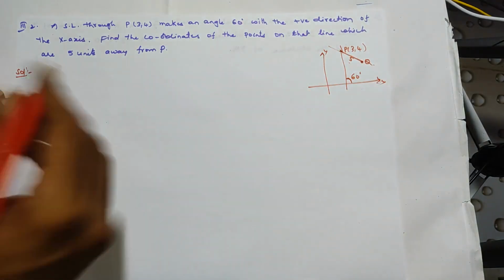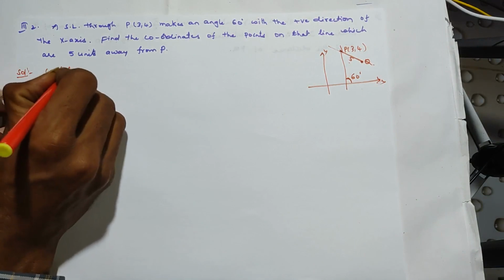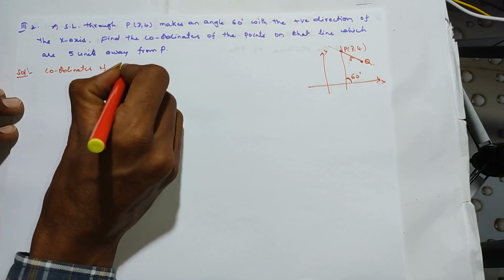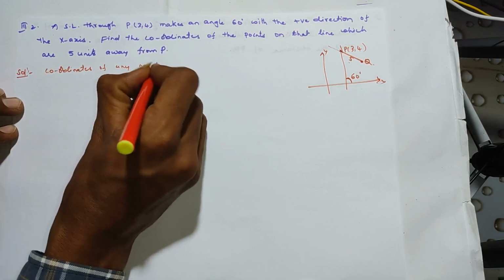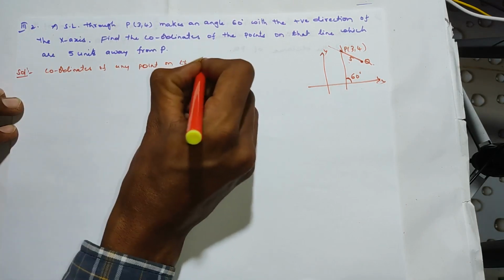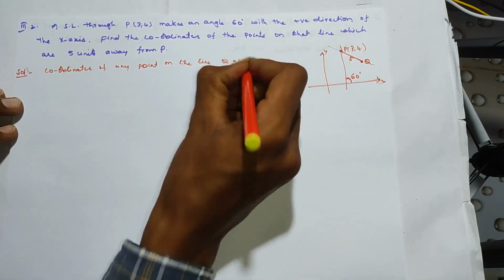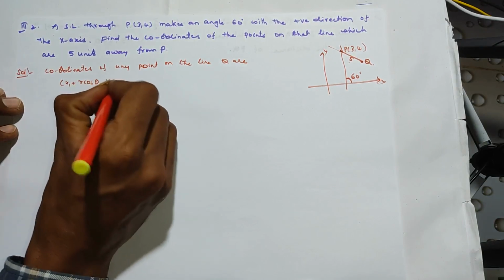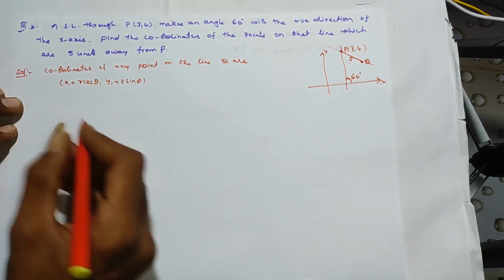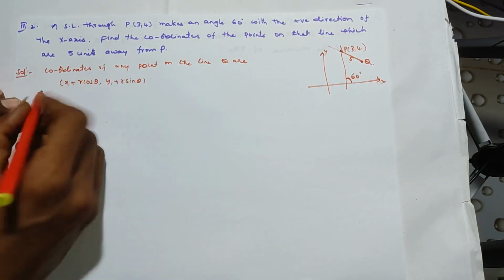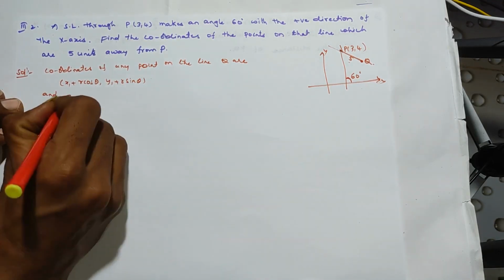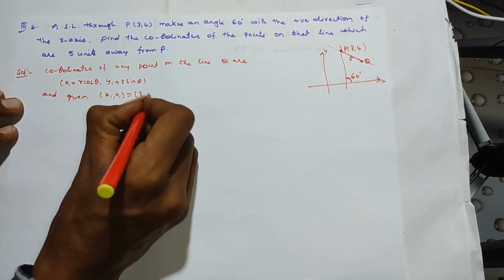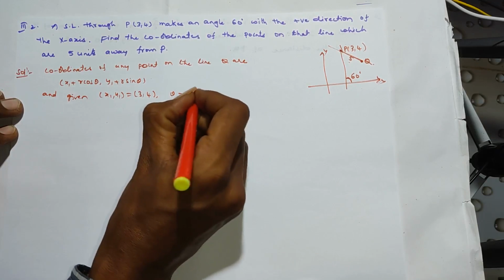So for that, solution: the coordinates of any point Q on the line are (x1 + r cos theta, y1 + r sin theta). Given (x1, y1) = (3, 4) and theta = 60 degrees.